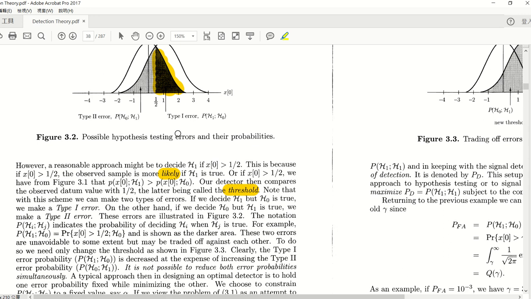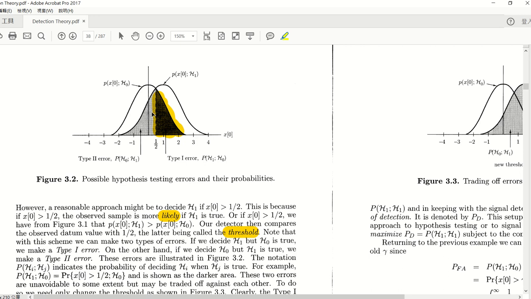The other way around, if the sample is smaller than 1/2, then we have a mistake of another type, because conditional on h1, you are making a decision of h0.